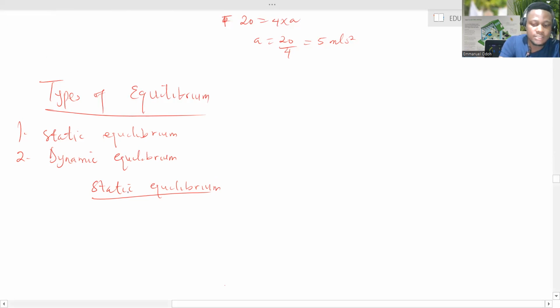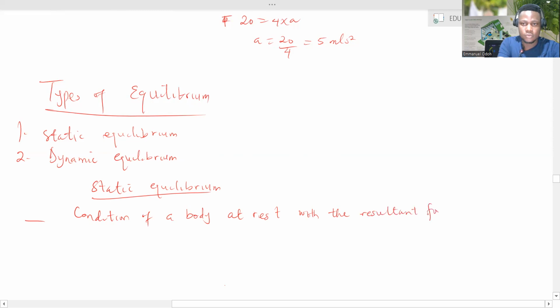Okay, let's look at that. Static equilibrium. So for the static equilibrium, we have that it is a condition of a body at rest with the resultant force equal to 0.